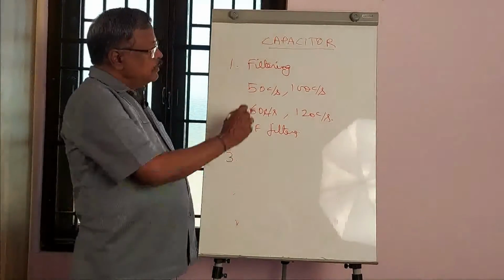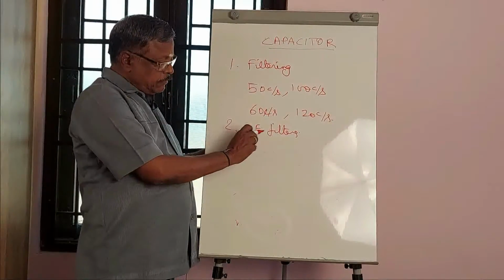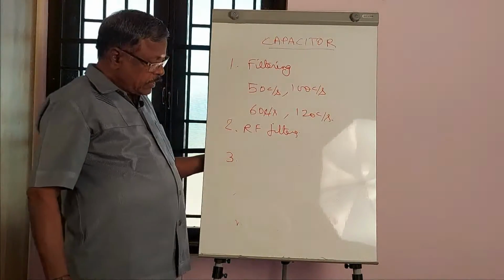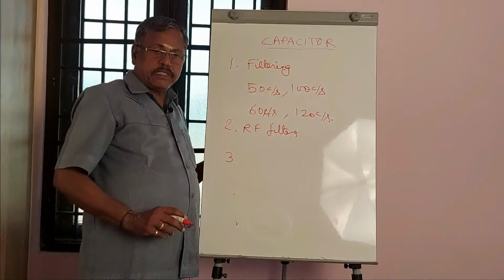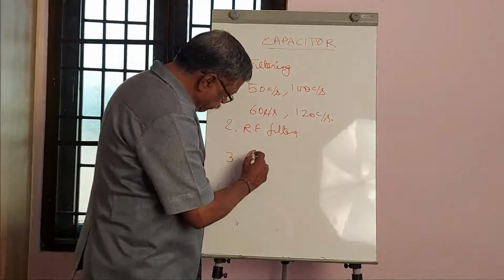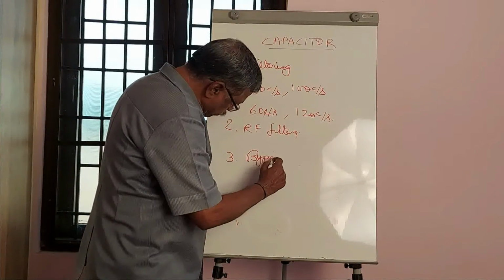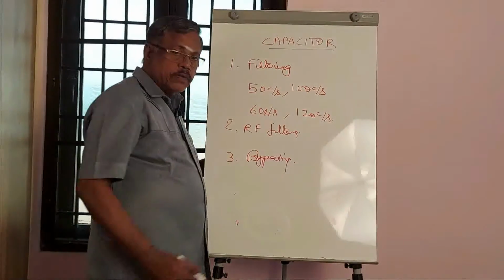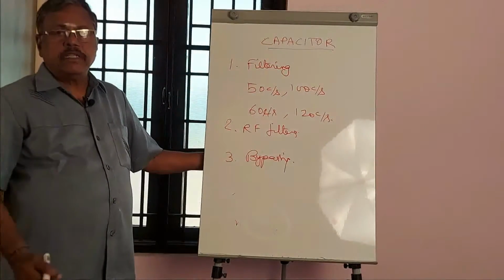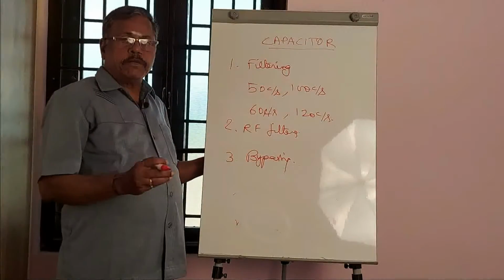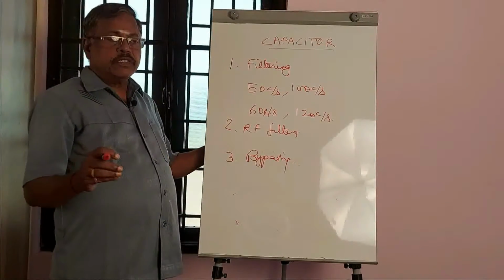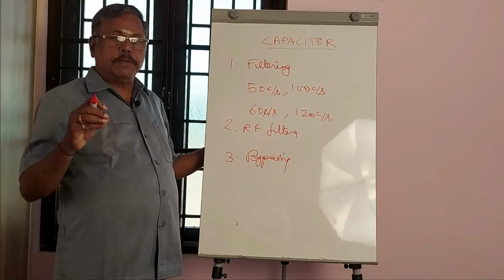Third one, filtering for 50 Hz and filtering of high frequency component, and the filters may be necessary for bypassing. What is bypassing? There may be some particular circuit in which some unwanted frequencies may be there.